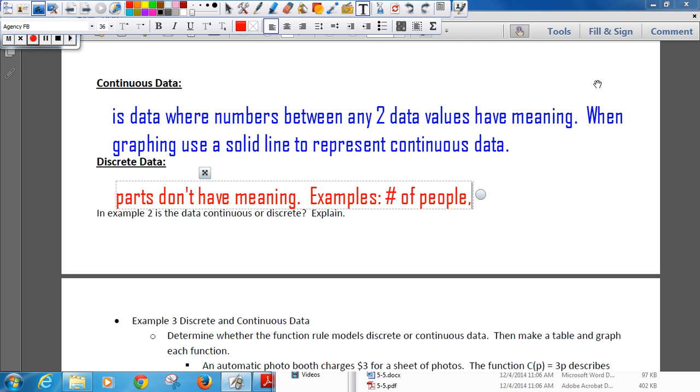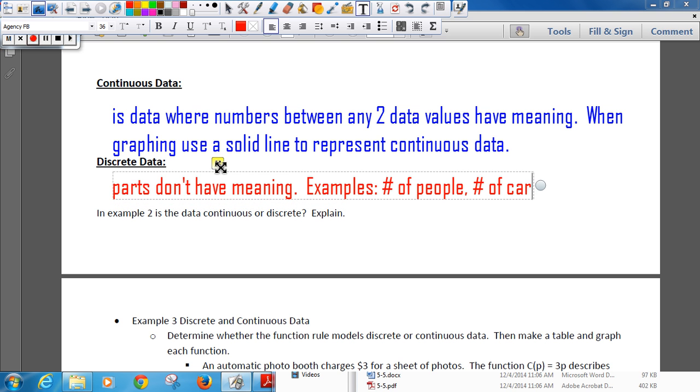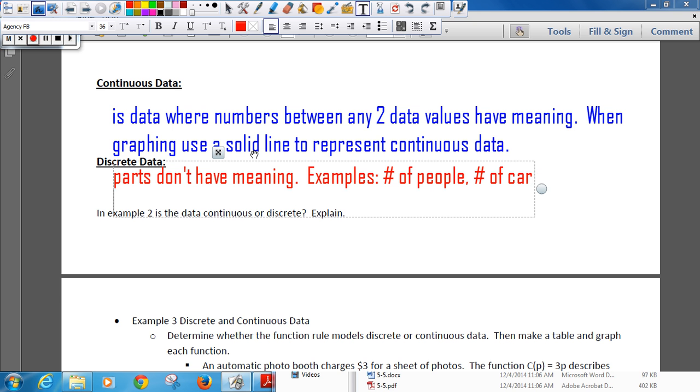Another one would be number of cars, because you can't have half of a person or half of a car. It wouldn't be useful. And for discrete data, when graphing, only use points. You don't connect them with the line.